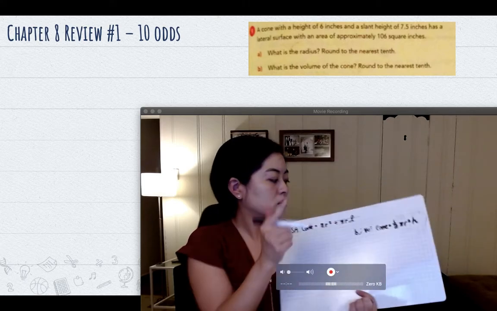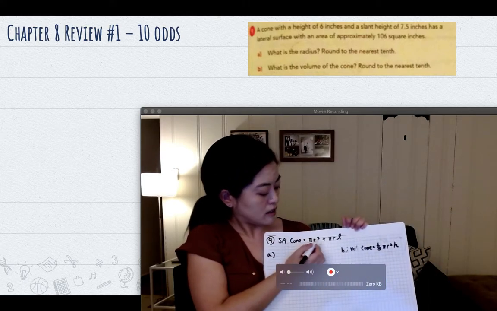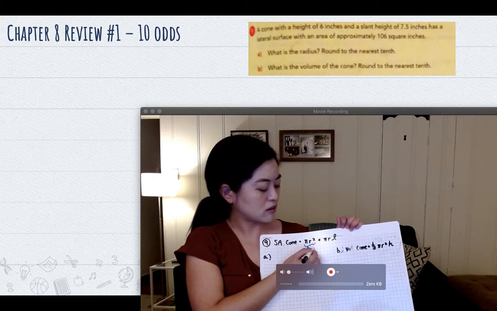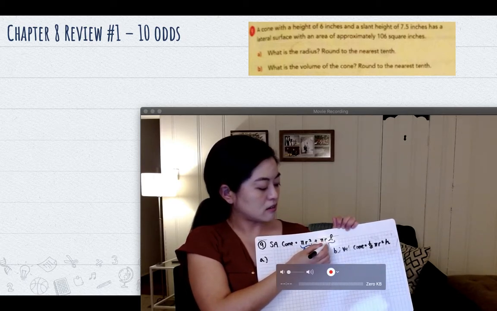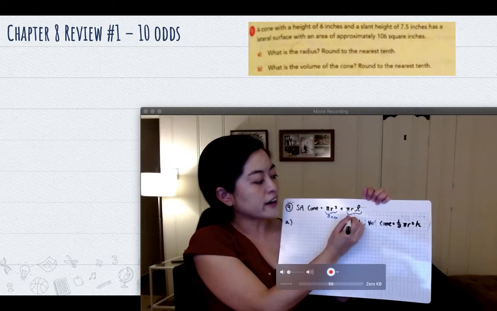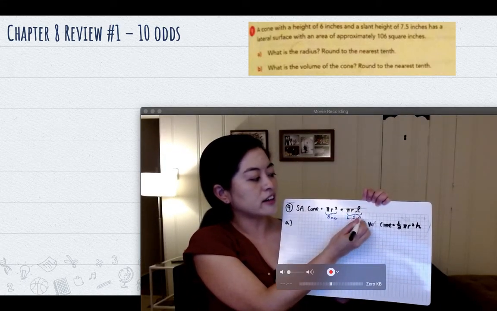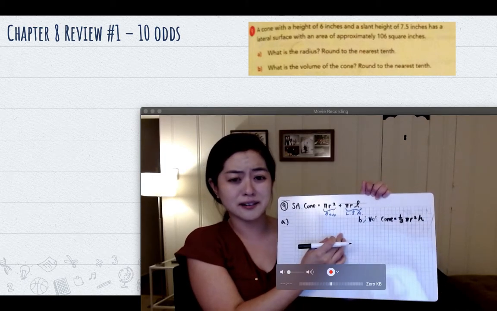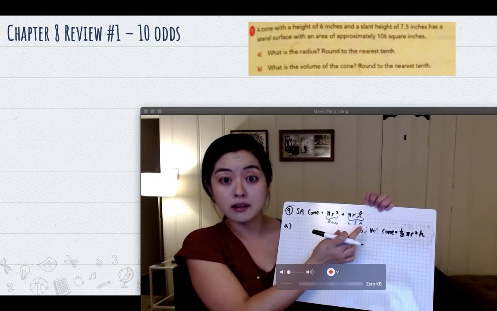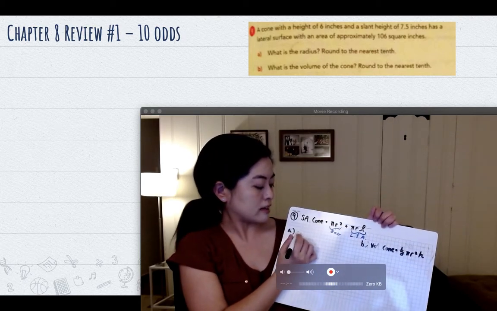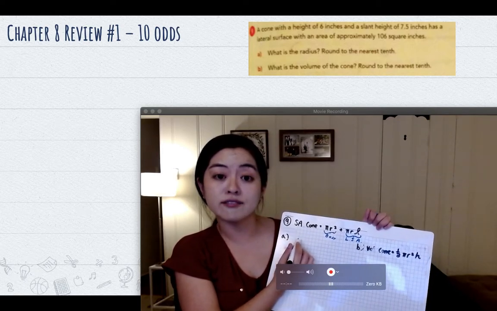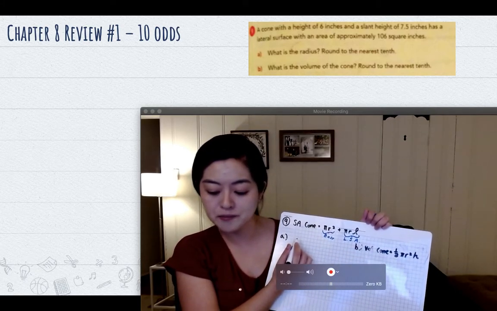So in the surface area of a cone, this is the base, and then this is the lateral surface area, LSA. So I'm just going to use this, pi r L, because that's the information that was given. And then with that, I can find r.